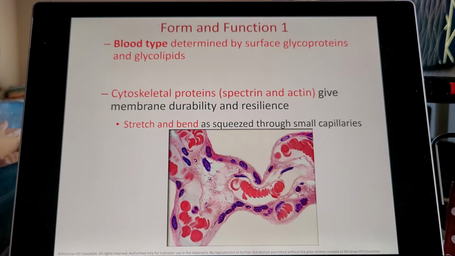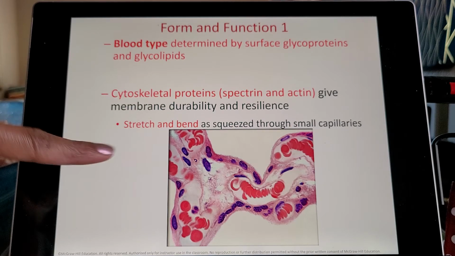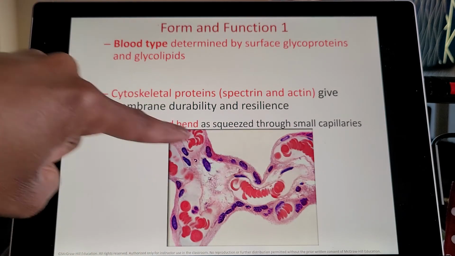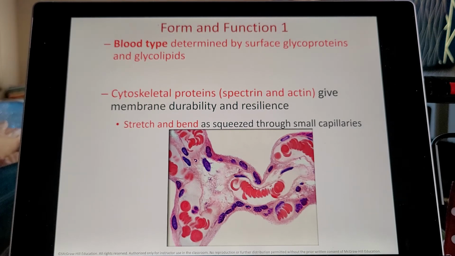We have different proteins, and they are markers, for example, telling the cell, this cell belongs to this body. Therefore, that marker makes sure, unless you have an autoimmune disease, that your immune system doesn't attack that cell. They also have a bunch of proteins on the inside that help to make them bendy, so they're flexible. As they go through really tiny passages, they can bend and flex and move.